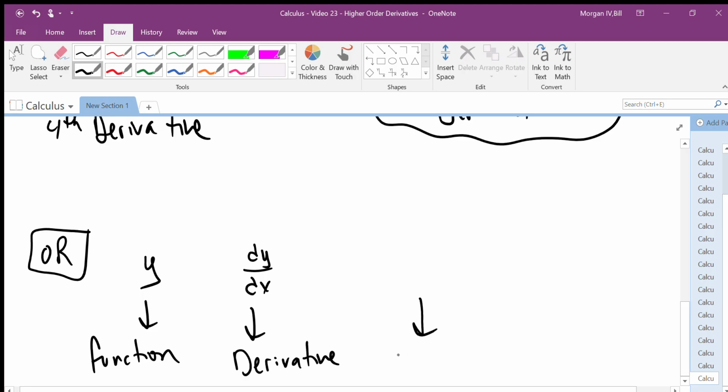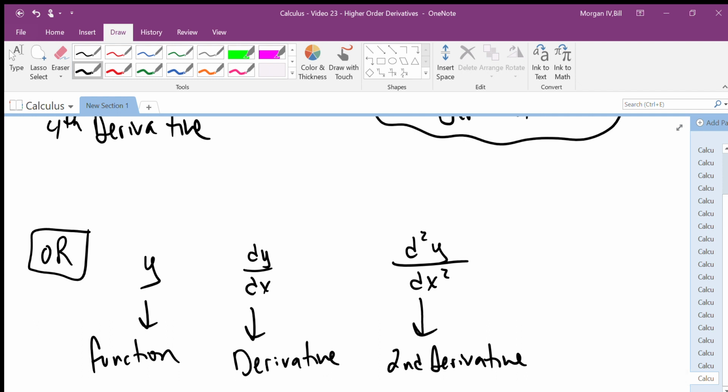The notation for the second derivative is this: d squared y over dx squared. And just for notation purposes, this is how we write it. You want to think of that, however, as like dx in parentheses squared. It's squaring the dx, it's squaring the change of x term, as opposed to the x being squared. We don't write those parentheses, but that's how you should think of it.